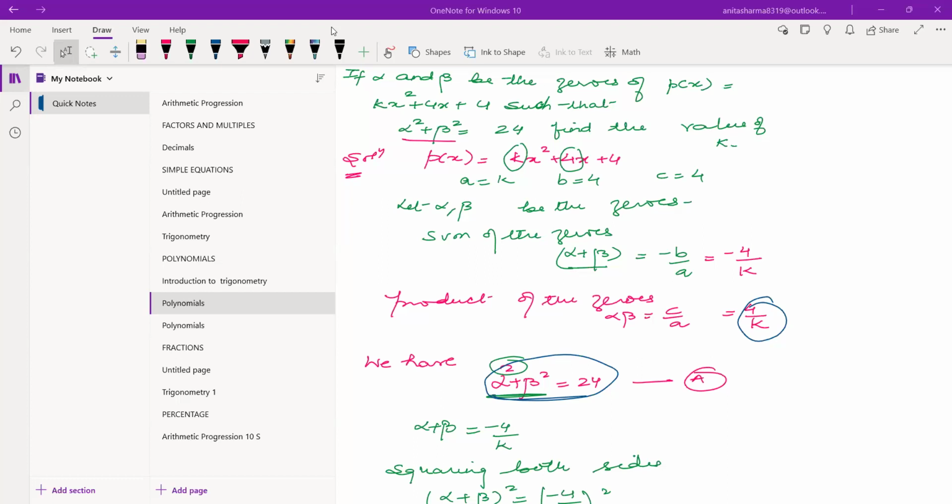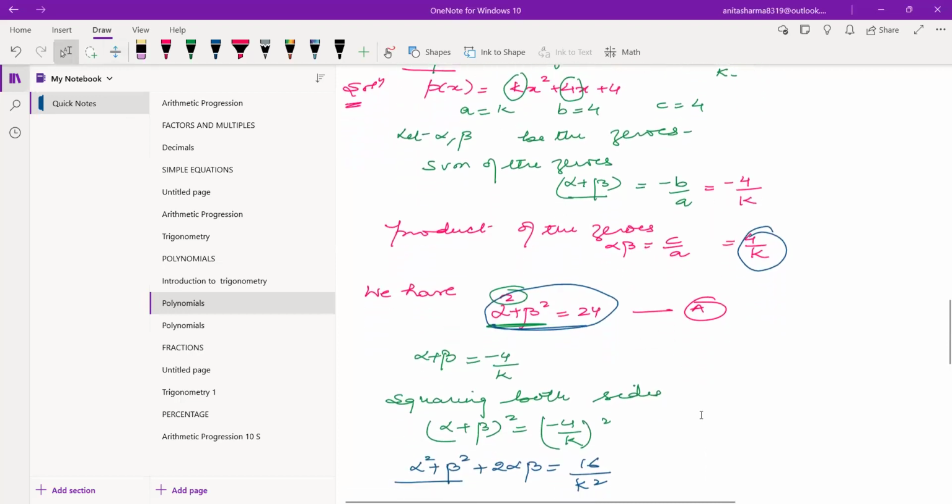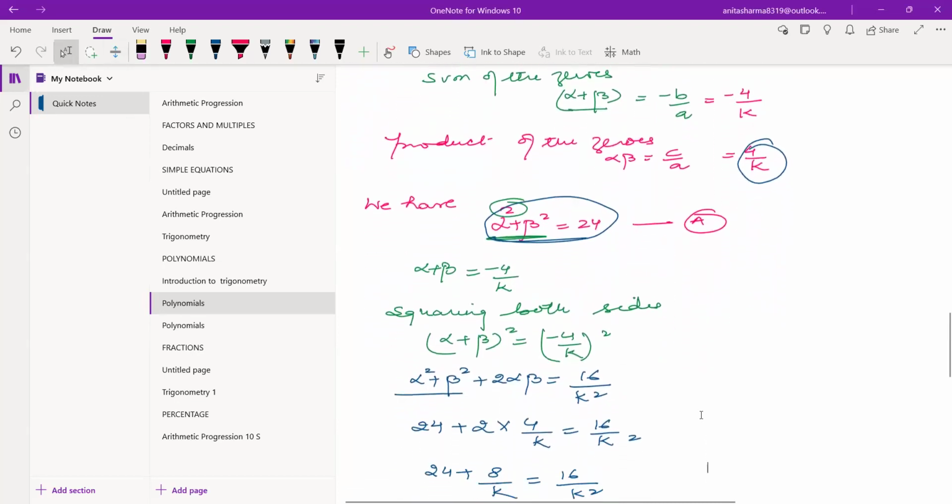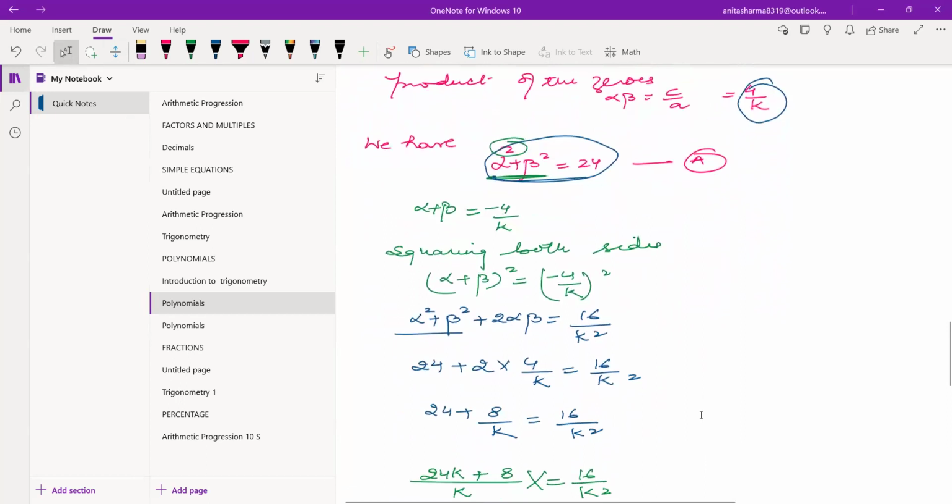Can you scroll? Yes, beta? Wait, ma'am. Okay, a little bit I will scroll. Don't worry. Can you just show the equation again, ma'am, once?